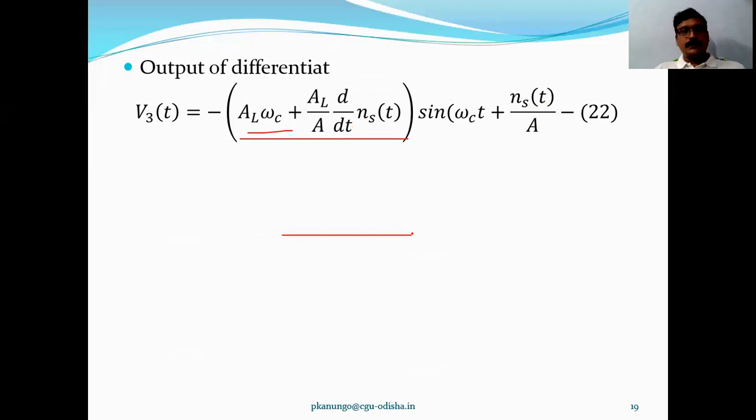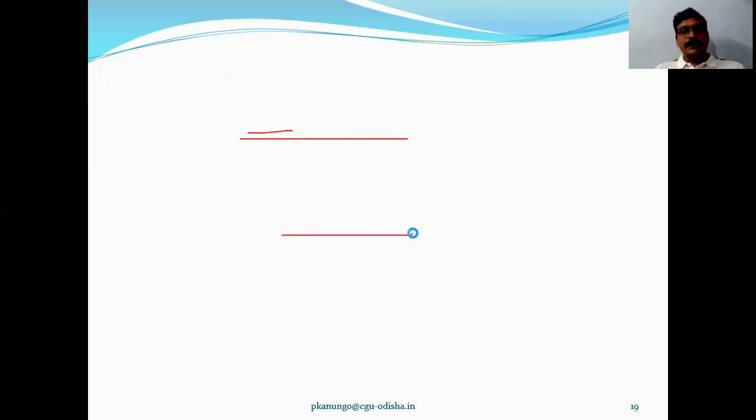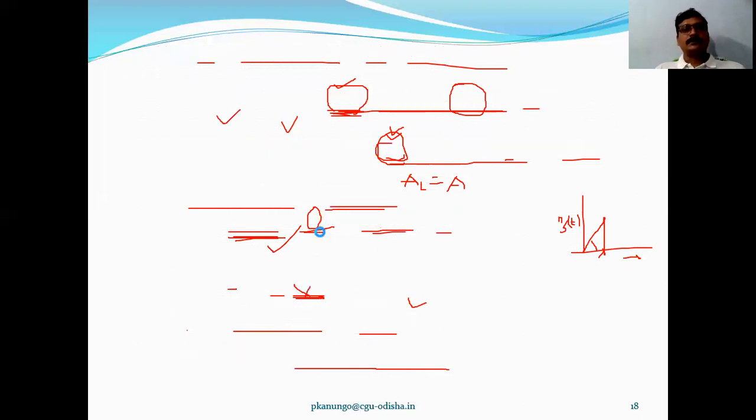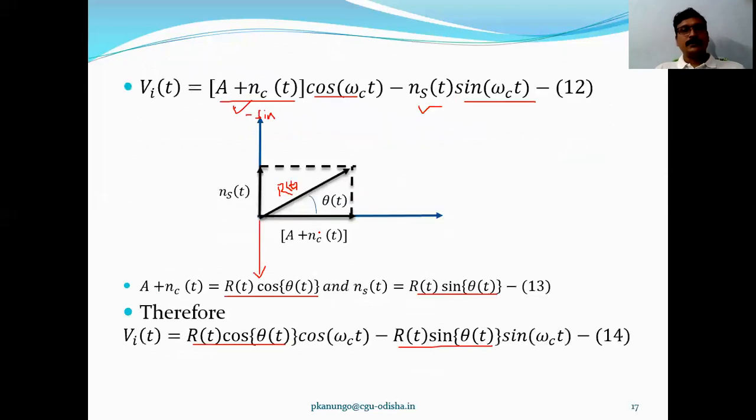I made a mistake here. This A_L is the amplitude of the limiter, but this A is the input amplitude of the carrier signal which we have considered here. That is not the same, and we should not say that it is the same.